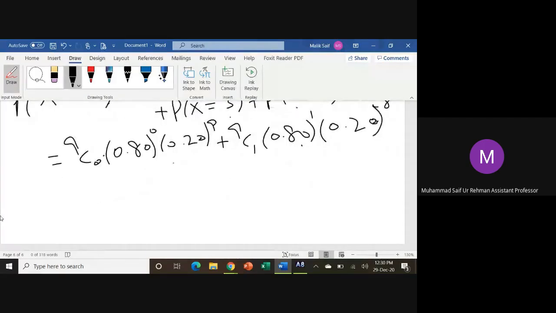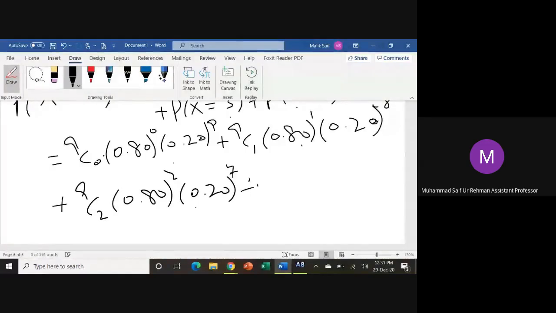So further when you will go, plus 9C2 0.80 power 2 into 0.20 power 9 minus 2, that is 7, plus 9C3 0.80 power 3 multiply by 0.20 power 9 minus 3, 6.